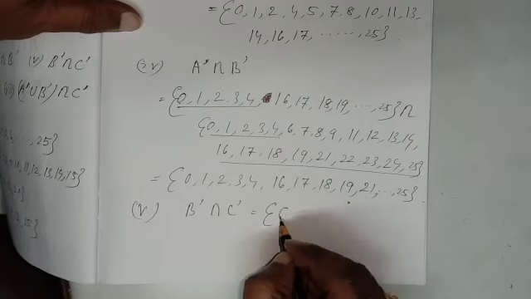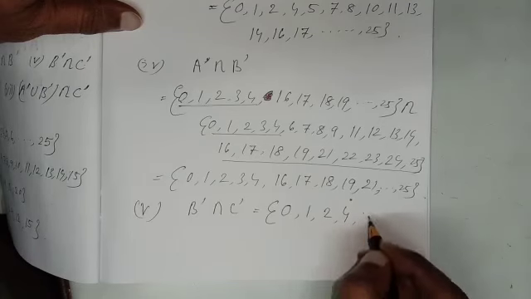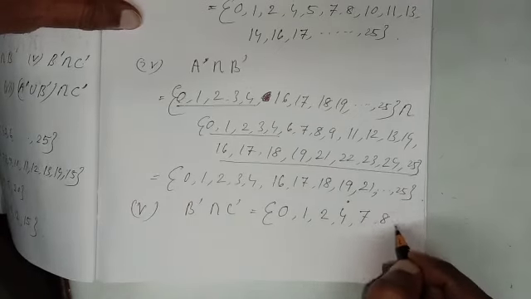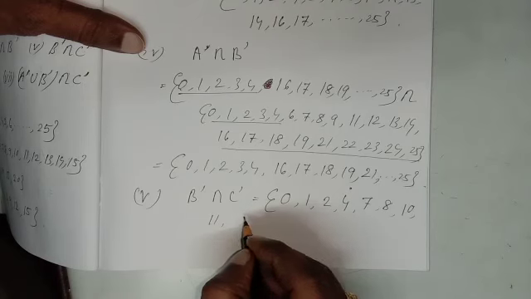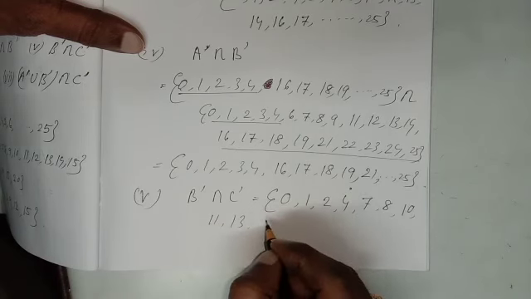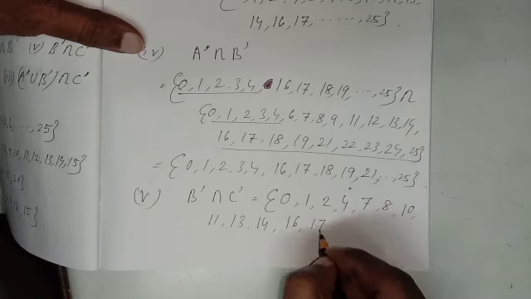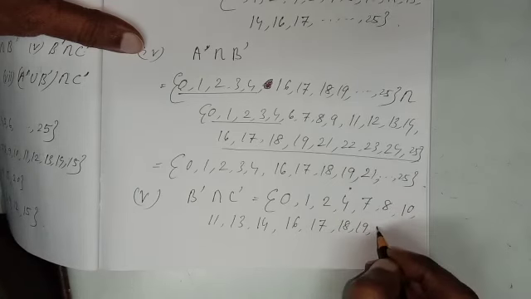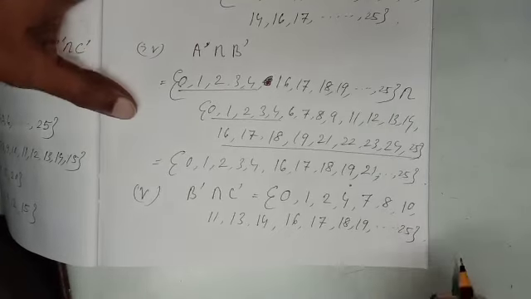The common elements are 0, 1, 2, 4, then 7, 8, 10, 11, 13, 14, 16, 17, 18, 19 up to 25. This is the answer of the fifth part.